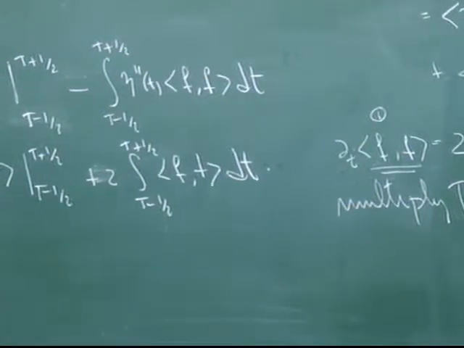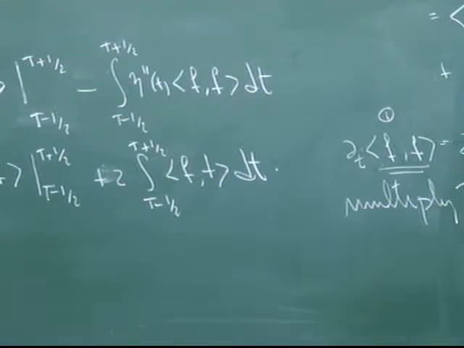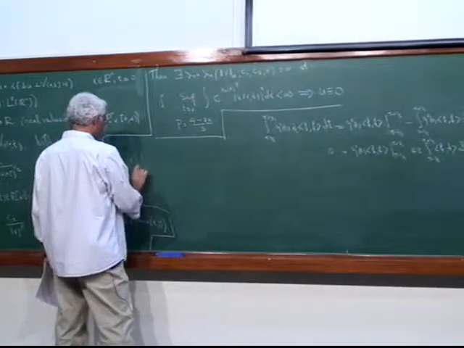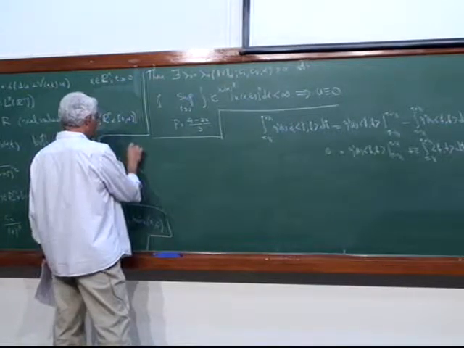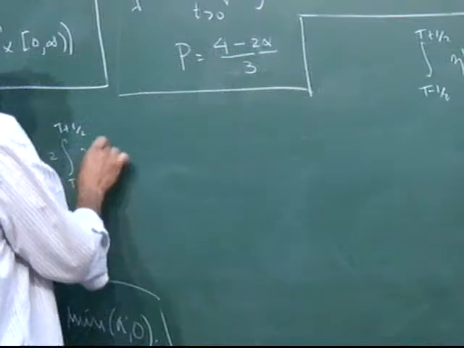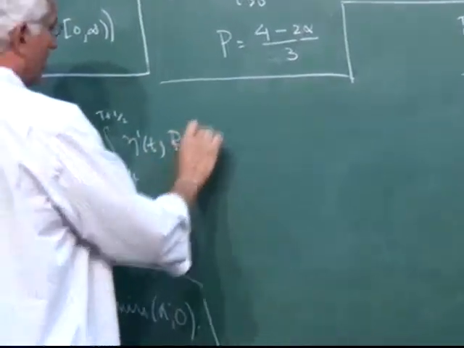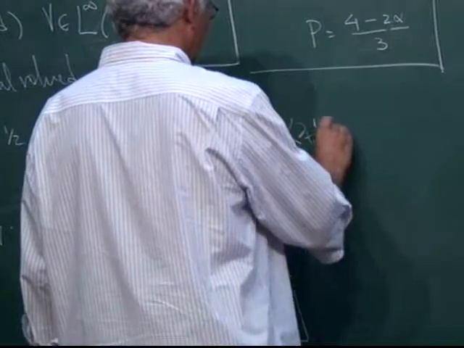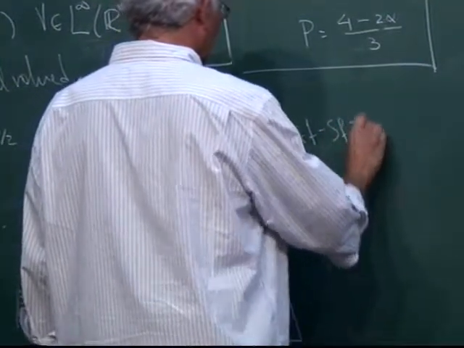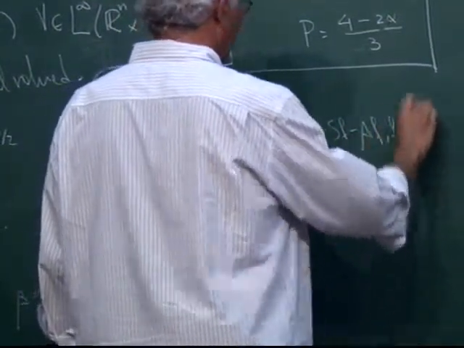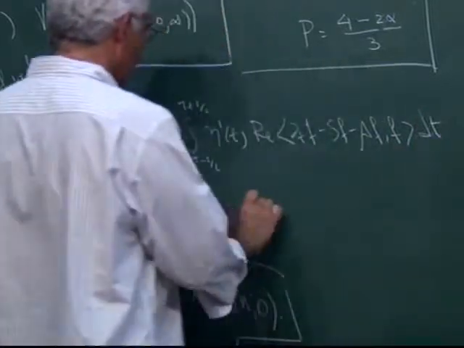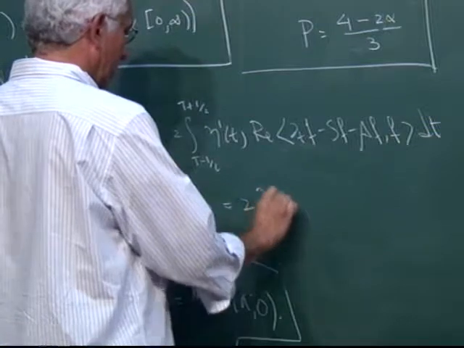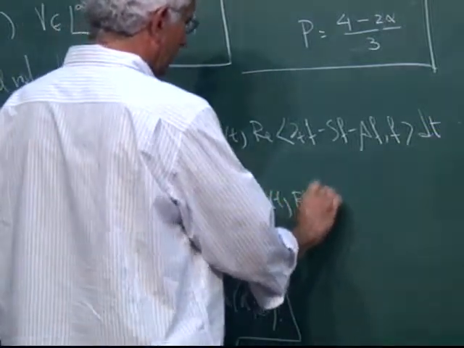Term 2 is going to be twice the integral between t minus 1/2 and t plus 1/2 of eta prime of t times the real part of all this, right? By integration by parts, this is going to be twice eta of t times the real part of all this.